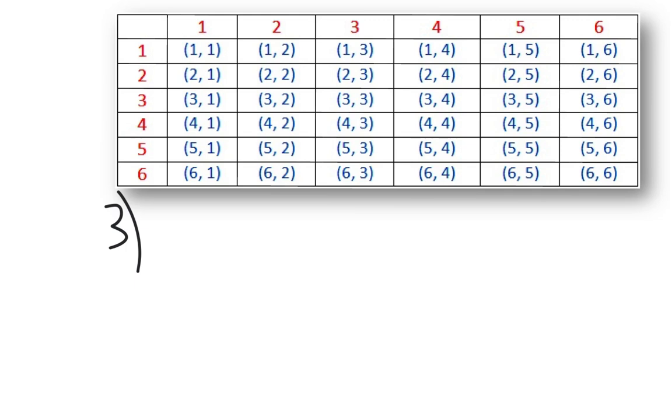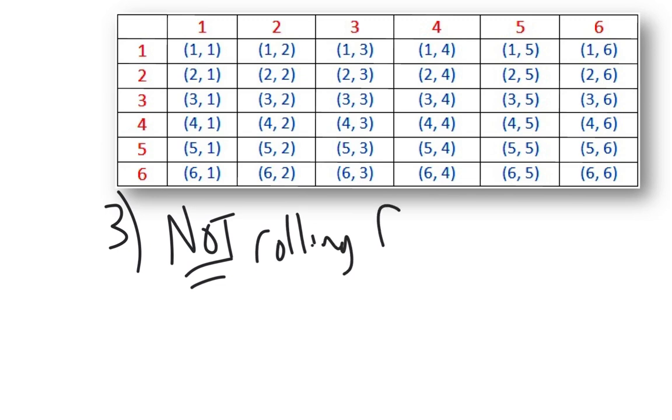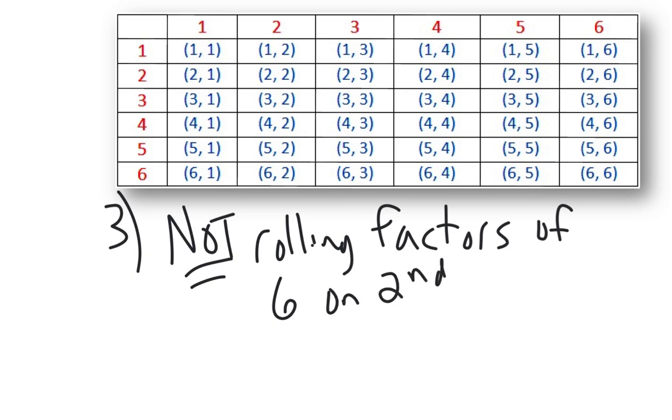On number 3, they want the probability of not rolling factors of 6 on the second die. So the factors of 6 again are 1, 2, 3, and 6. So basically we want the second die to be a 4 or a 5.